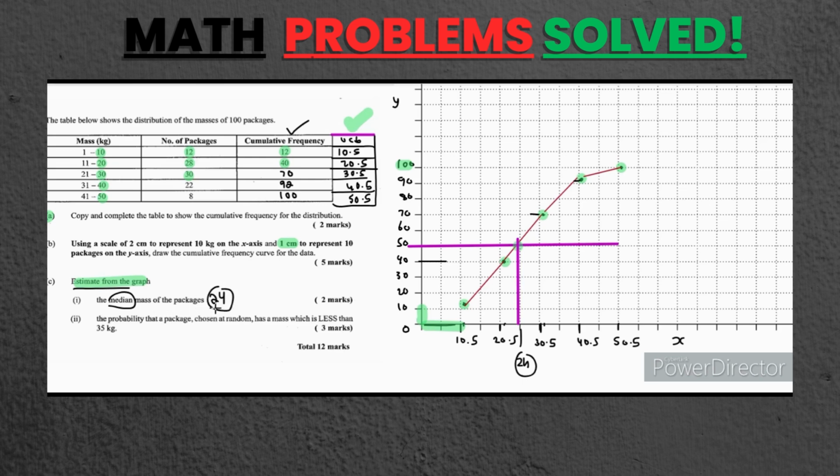The median mass. Then the probability that a package chosen at random has a mass which is less than 35 kg. So we have to find the probability at 35 kg. Where the mass is 35 kg, if I draw a line here, right, at 35 kg, it's somewhere here, right?